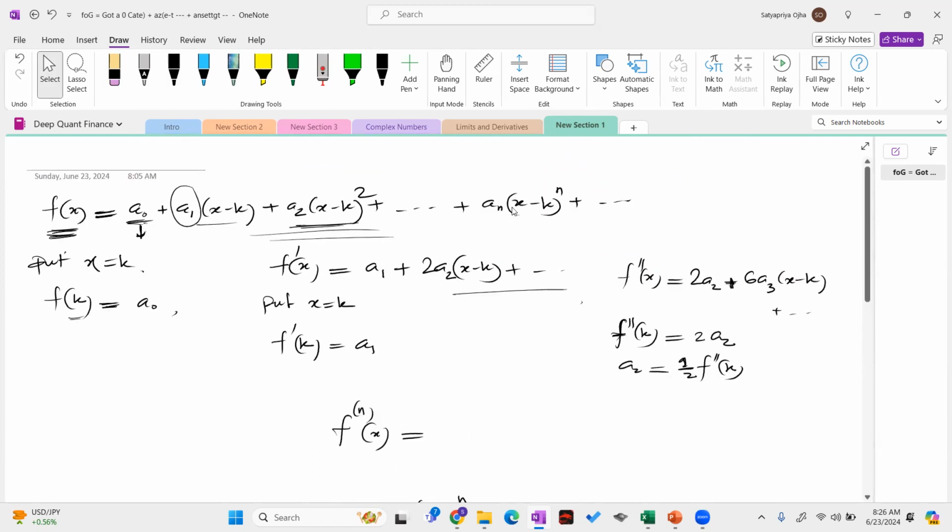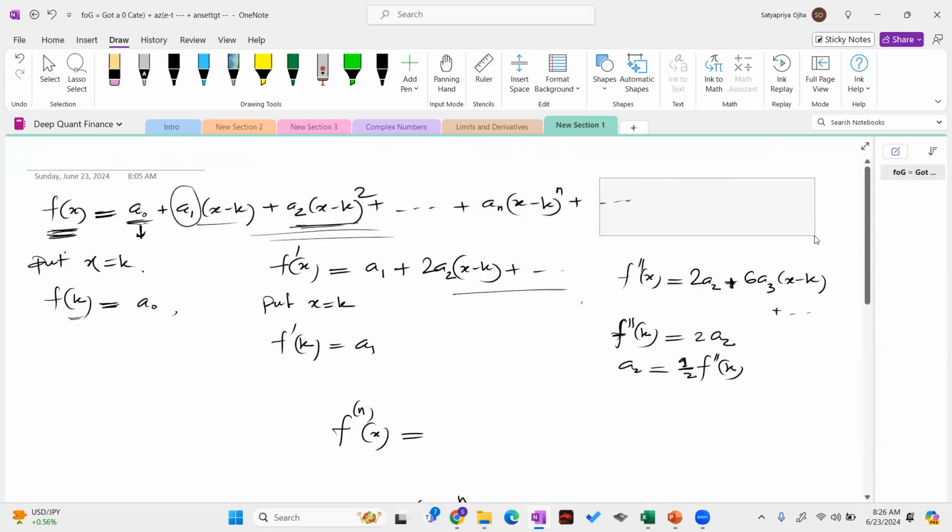So one thing to note here is there are two ways the terms vanish. One is once you differentiate this entire function n times, all of these terms naturally vanish, because derivatives shrink the power and then they become constant and fall off, right? That is how these terms vanish. This one becomes a constant after n derivatives.